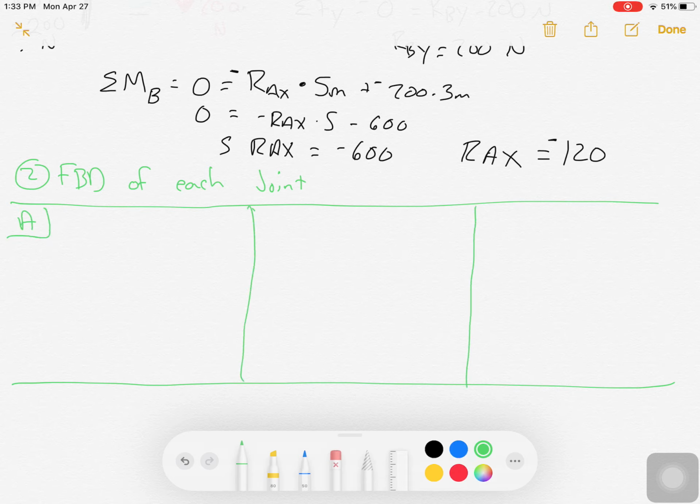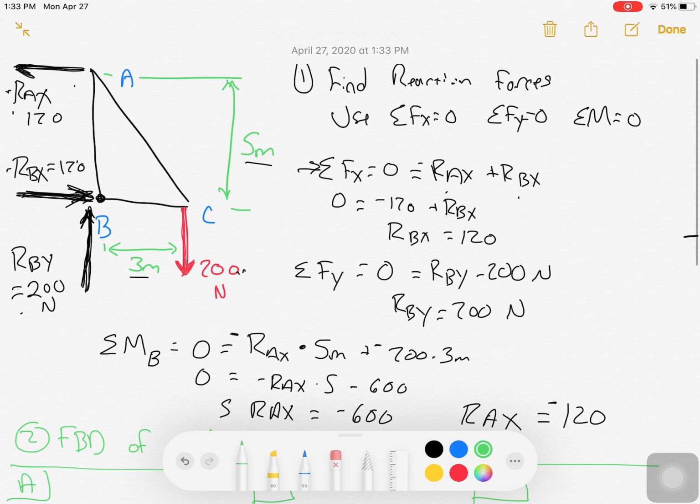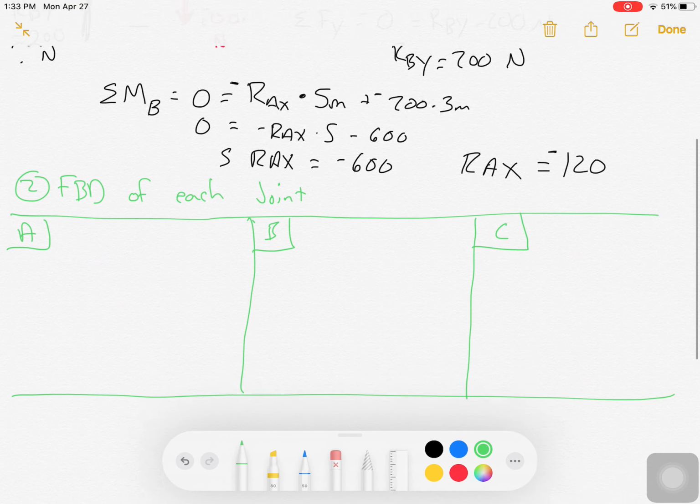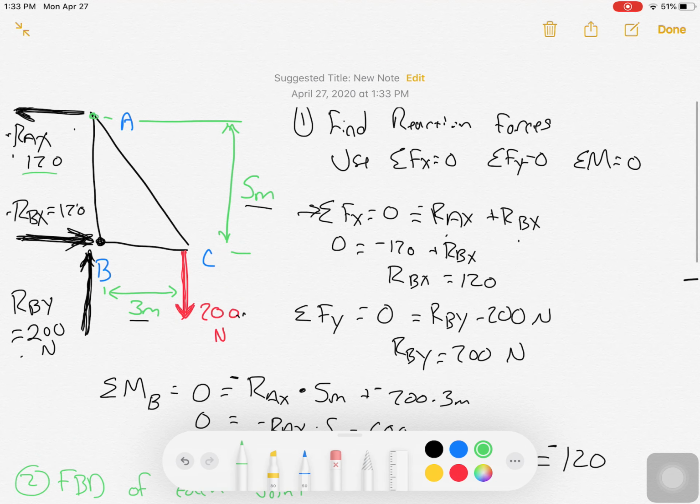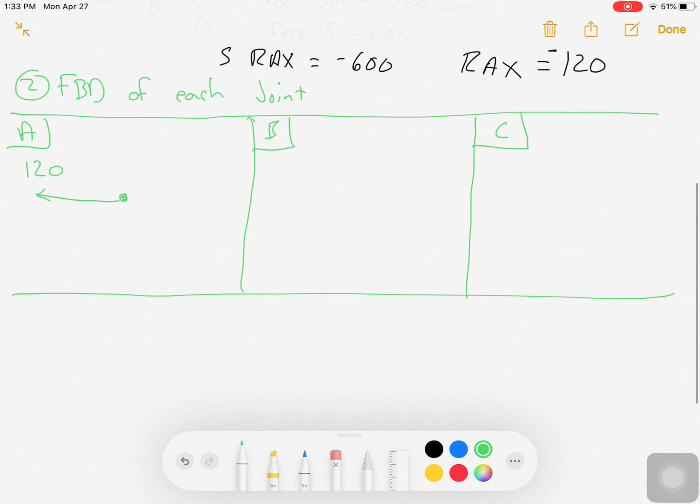I have A, B, and C. So I look at point A right here, and I see that I have an external force, the 120 going to the left, and then I have 2 internal forces from the members it's connected to. So it connects to B and it connects to C. So I'll have force AB and force AC.